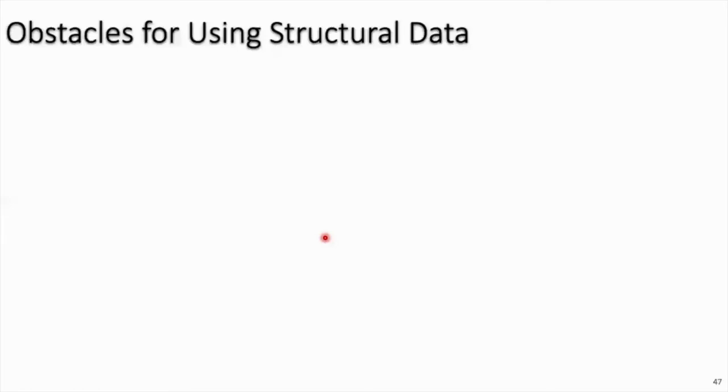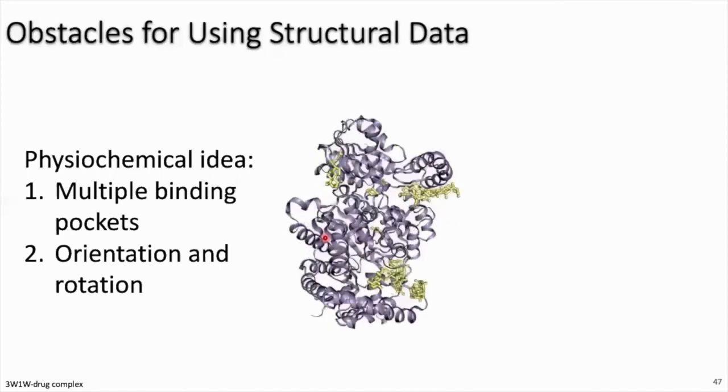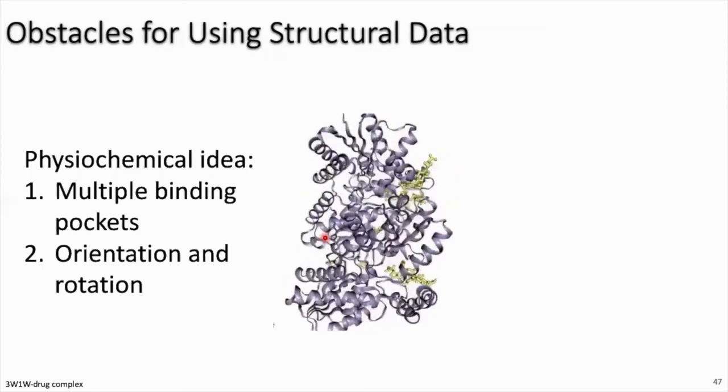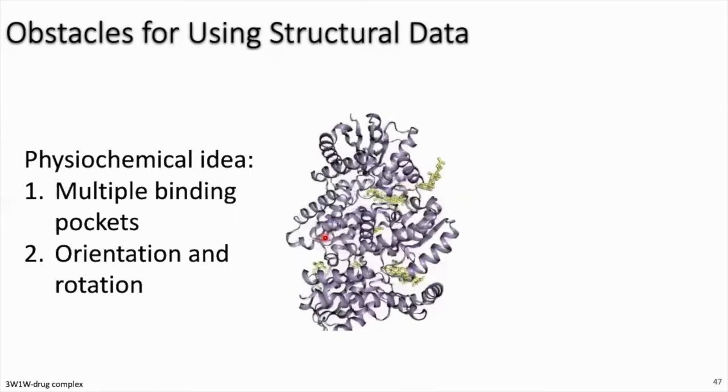So people hesitated to use the structure data, mainly because of the following obstacles. From the physicochemical point of view, the interaction between protein and other molecules can be much more complex than the key and lock paradigm. First of all, on the protein surface, there can be multiple binding pockets. Finding the optimal binding pocket itself is already a very difficult problem.